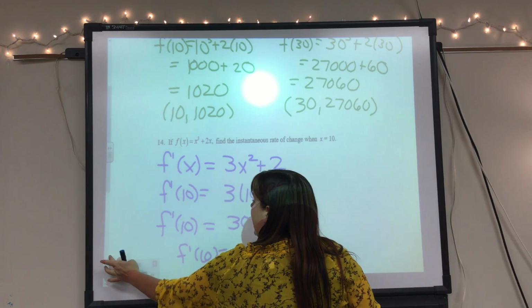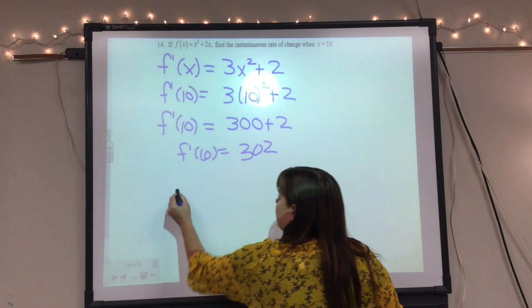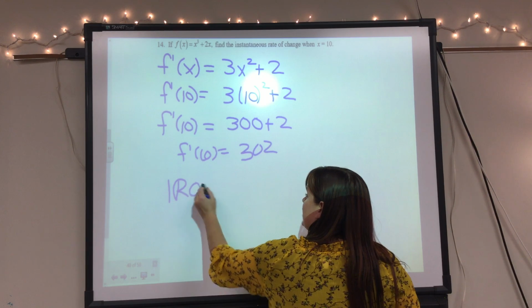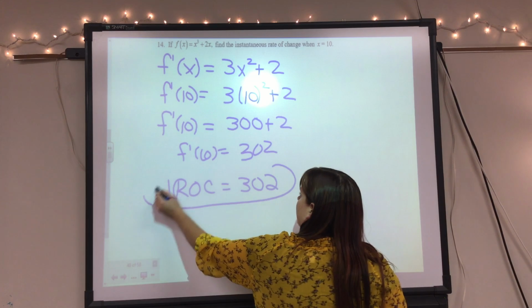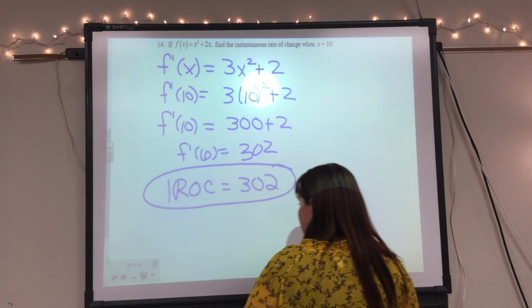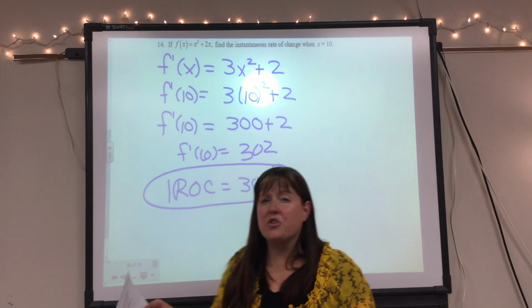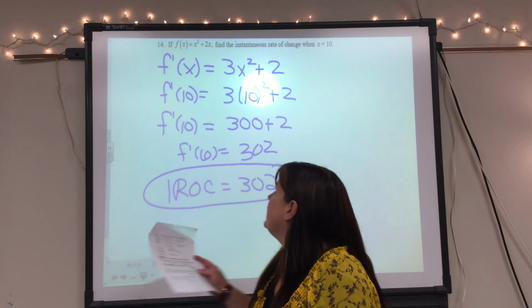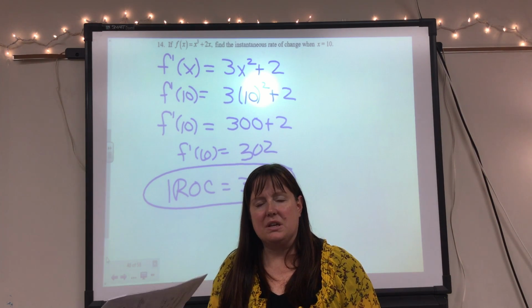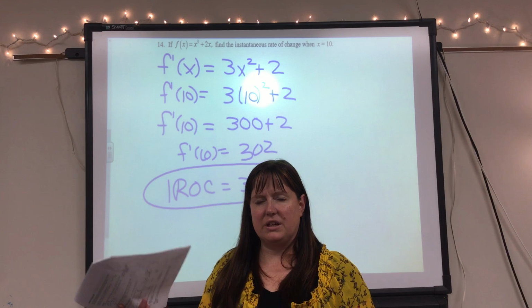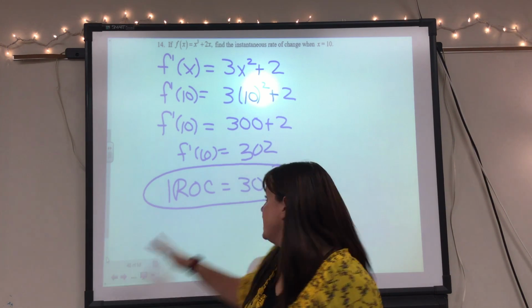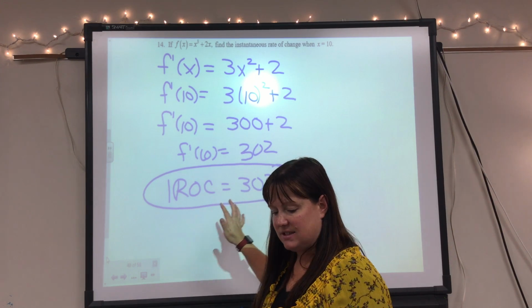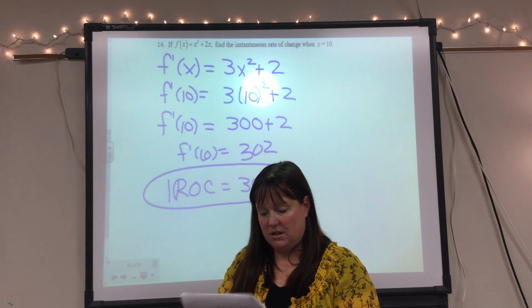So my instantaneous rate of change equals 302. If that was the curve for my speed, which would be ridiculous because I would be accelerating really quickly, I could say at 10 minutes, I was going exactly this fast.